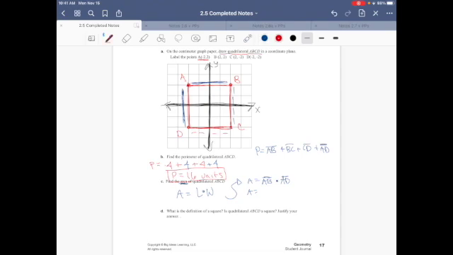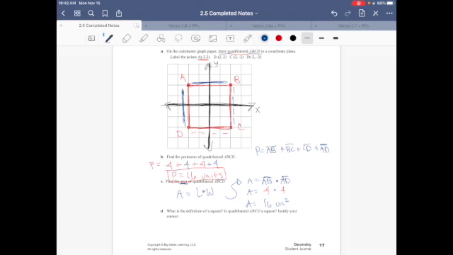So the length from A to B is 1, 2, 3, 4. And then the length of AD is also 4. So 4 times 4 is also going to be 16. But this time we're talking about square units. So 16 square units, or we could write it like this and say units squared.